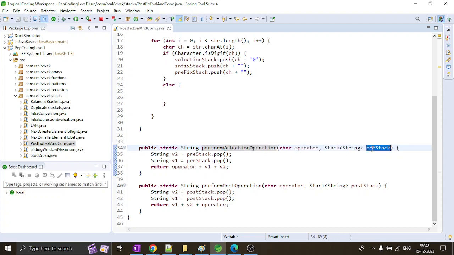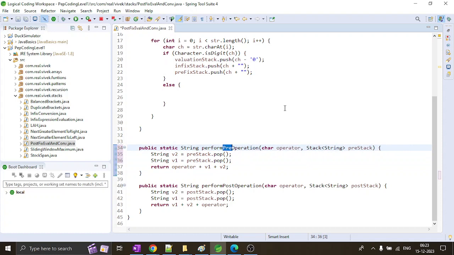And in the valuation operation, we'll get the operator and then we'll get the stack. So we'll get the valuation stack, let's say. And from the valuation stack, we pop and we perform the operation on v1 and v2.